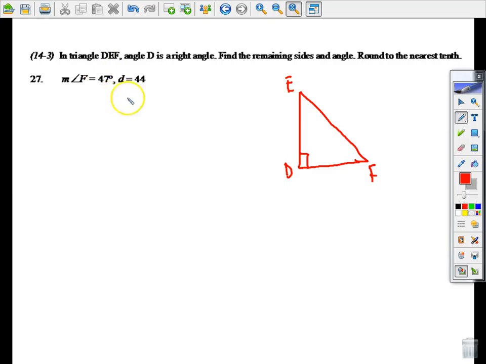We're told that F is 47 degrees, and side D, which would be the hypotenuse, is 44. So we've got to find side F, side E. Remember, those are small letters, and then angle E.